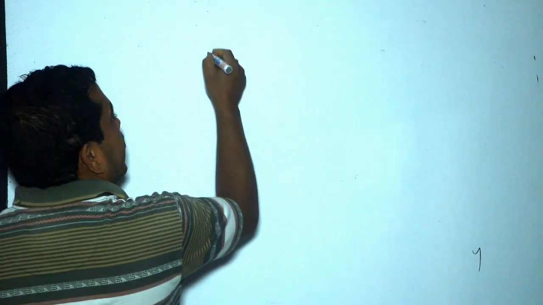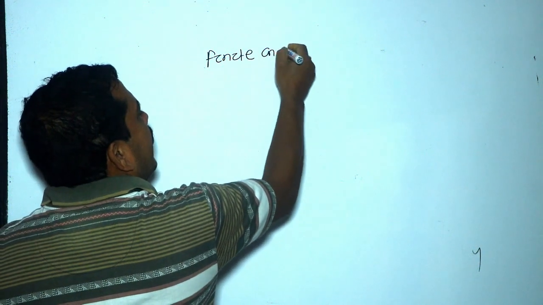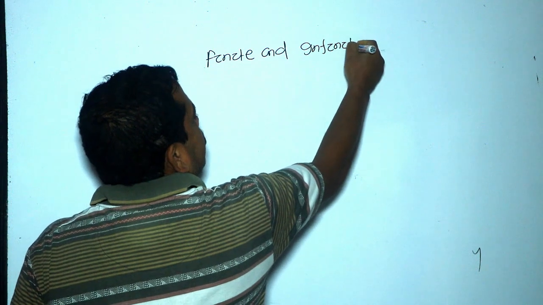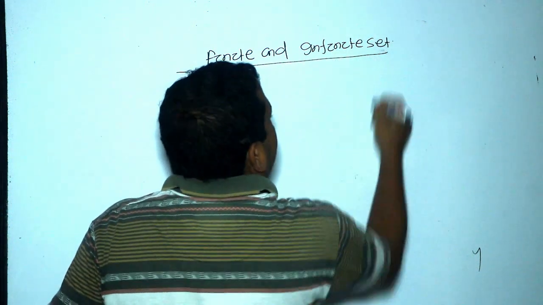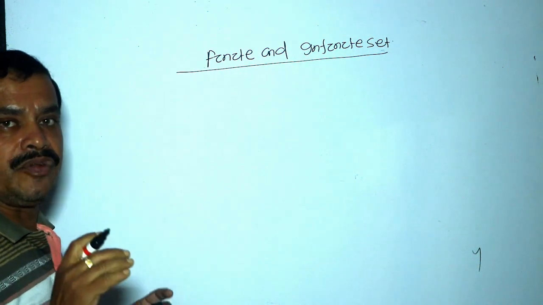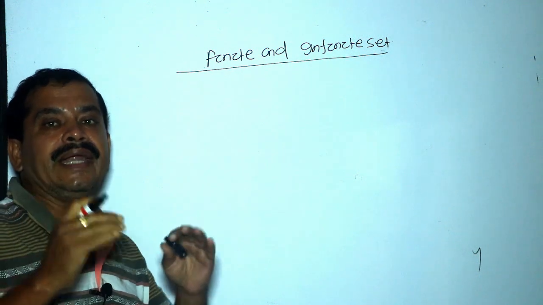Then next, finite and infinite sets. A set is said to be finite if its cardinality is a finite number.